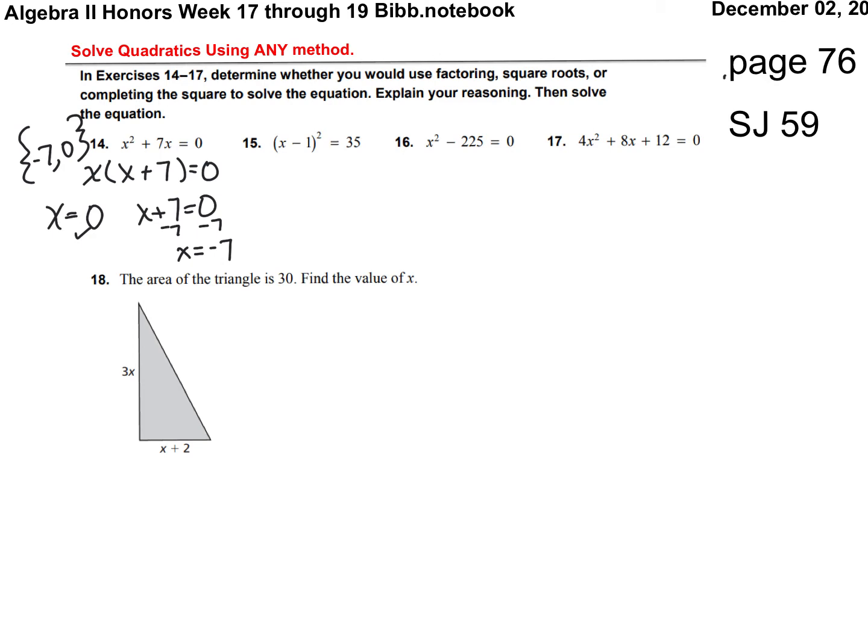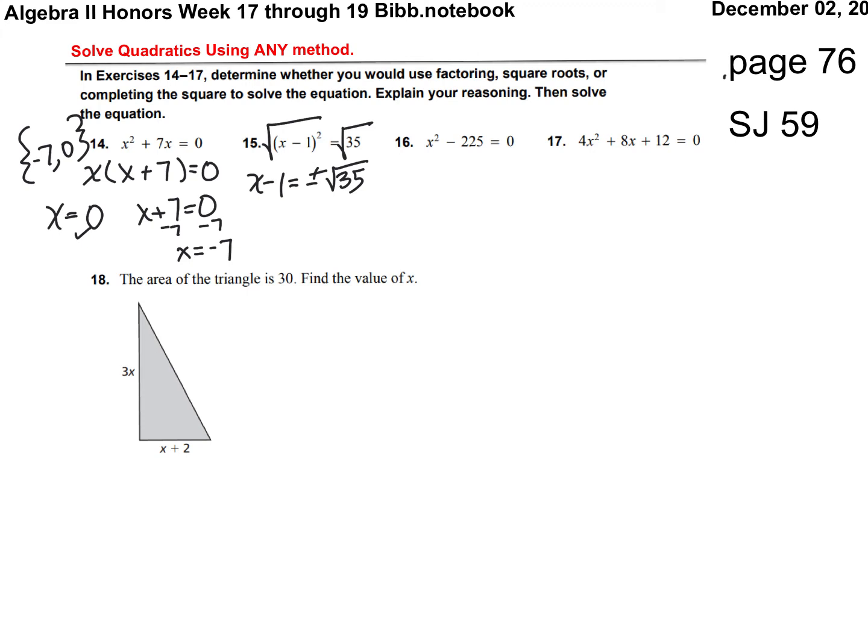Looking at number 15, when I look at that problem, the only method that I see that I would like to use is the square root method, because I could take the square root of both sides, and I would get x minus 1 on the left side equals plus or minus the square root of 35. 35, the factors are 1 times 35 and 5 times 7.